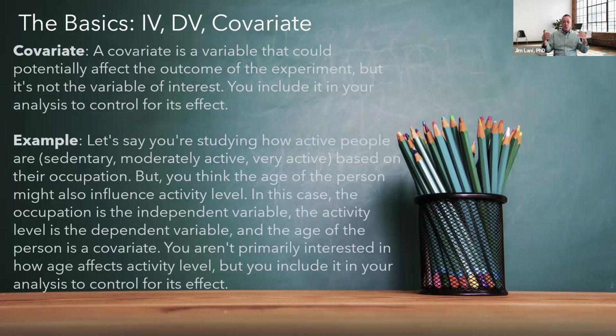So if I wanted to examine differences on runtime, my dependent variable, time, by my independent variable, gender, but I want to control or neutralize the effect of age, that would be my covariate. So the covariates are things that could influence the outcome variable, like your age could influence your runtime, but I'm not interested in that. So I want to control for that variable. And that's what a covariate is.